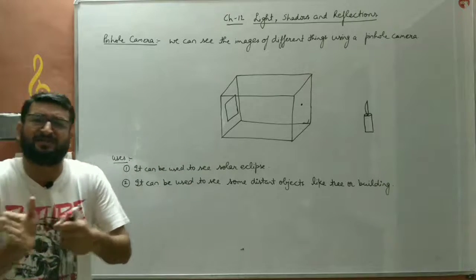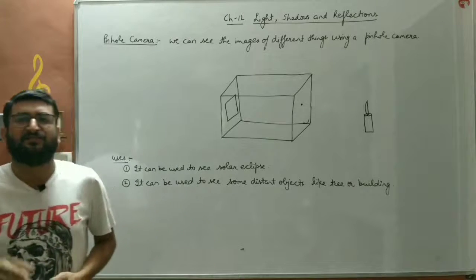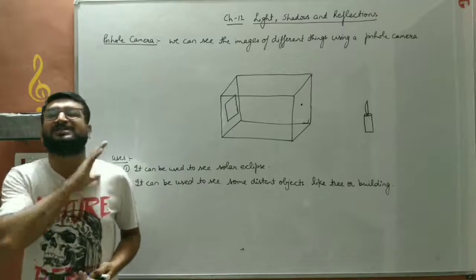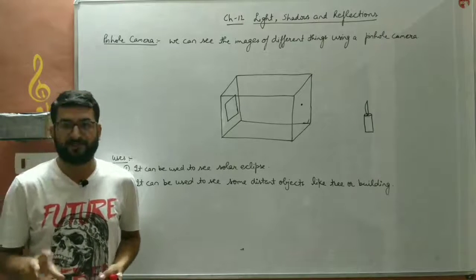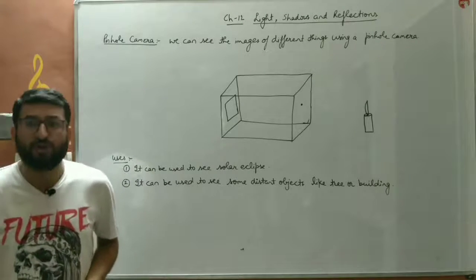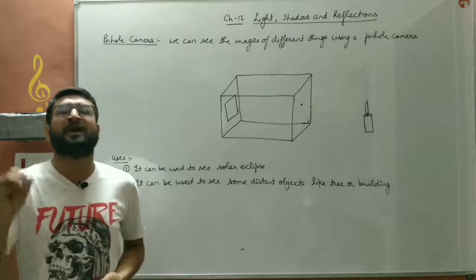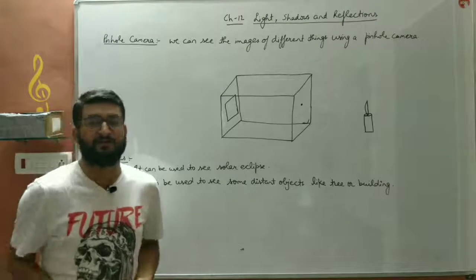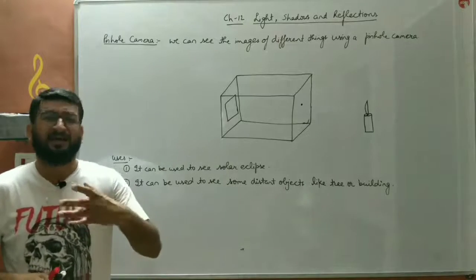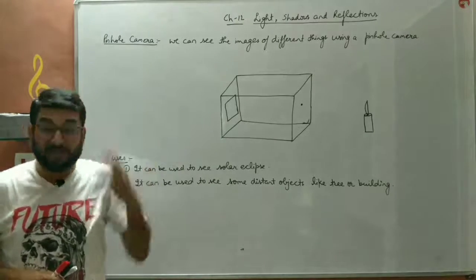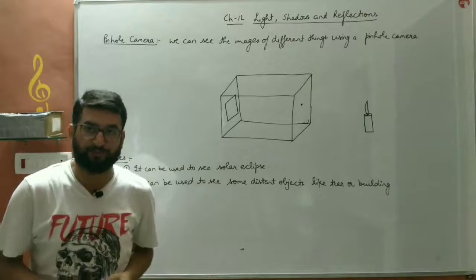Then there are certain characteristics of shadow which we have discussed. The first was, shadow is always dark, irrespective of the color of the object. Second, shadow always tells us only about the outline of an object. We cannot depict the various characteristics like shape, size, and the correct measurement of an object by the shadow.